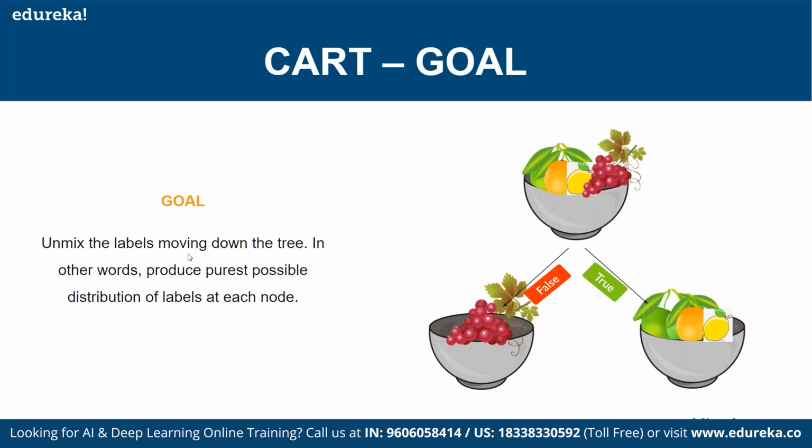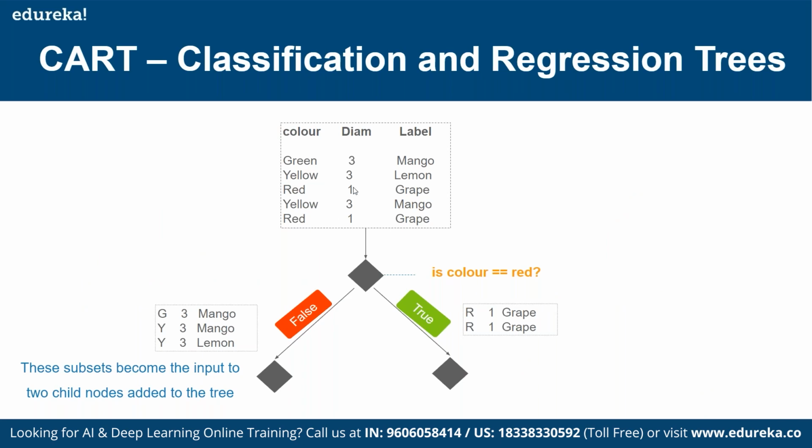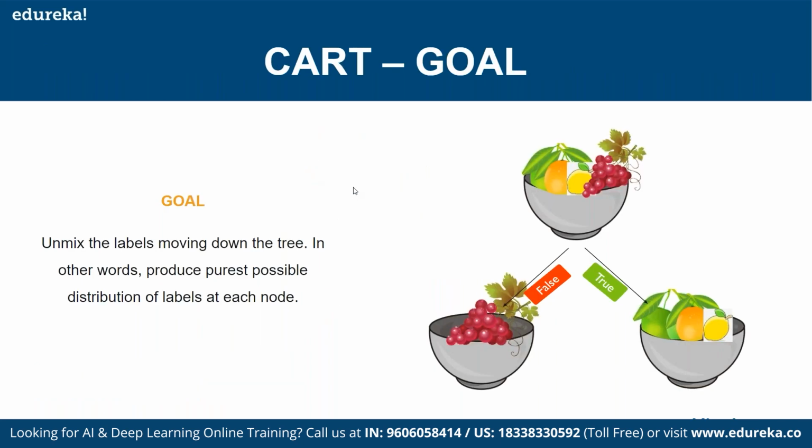Okay, so the goal is to unmix the labels moving down the tree. In other words, we produce the purest possible distribution of labels at each node. So whichever feature, in this case we have two features, right? We might have up to around 1,000 features for a particular data set. So which feature do I start with so that the resulting nodes are the purest compared to the other features?